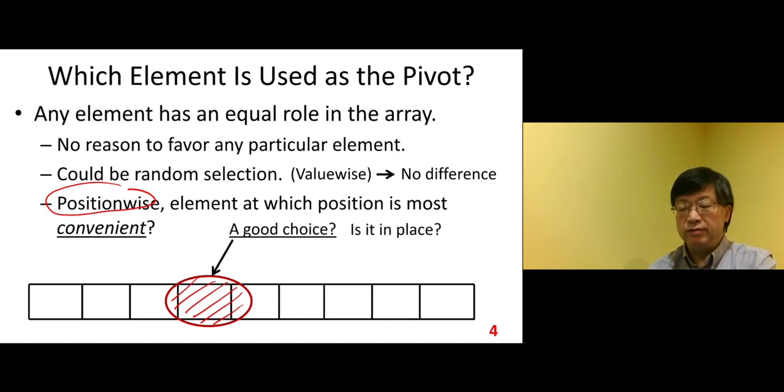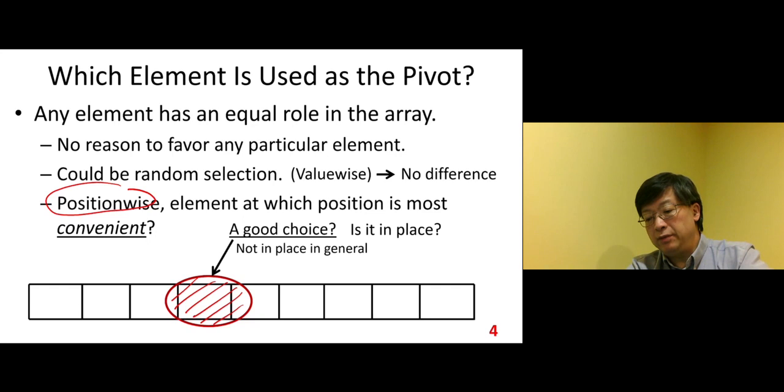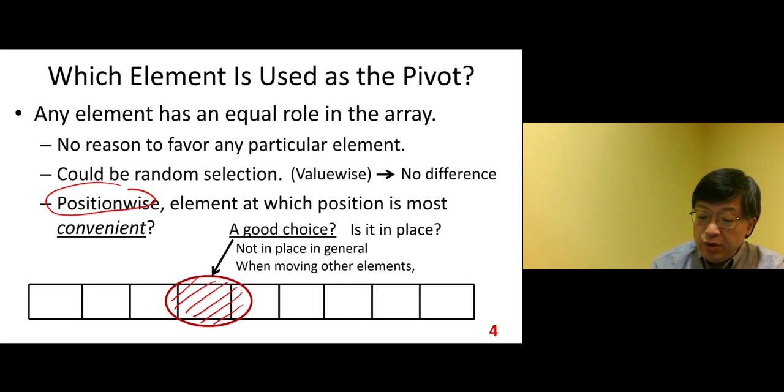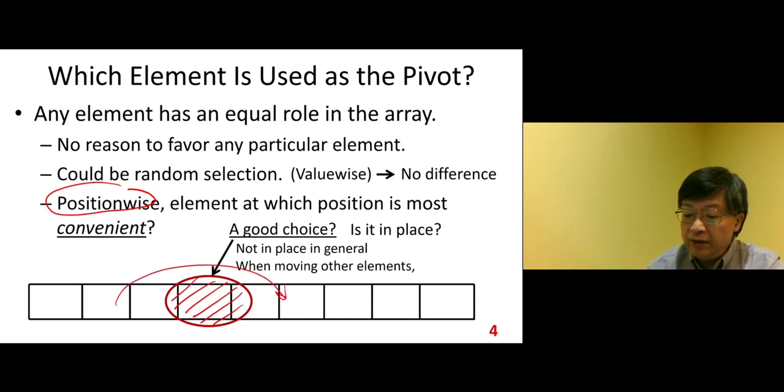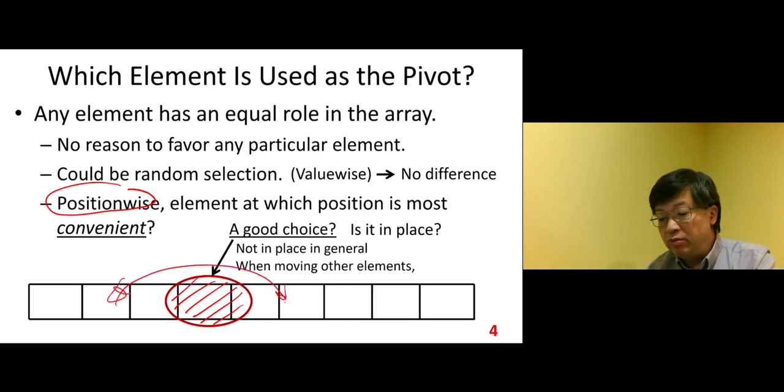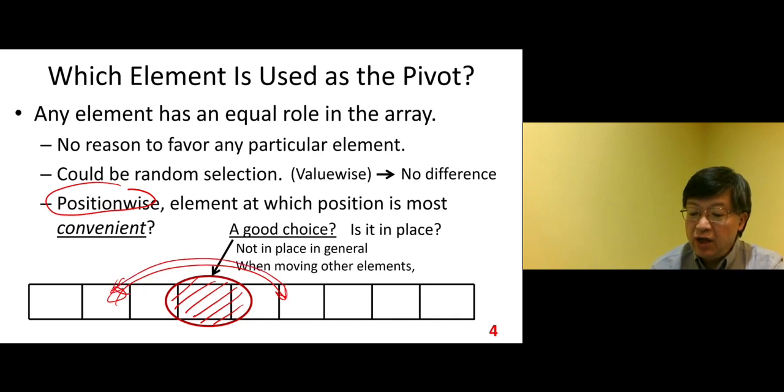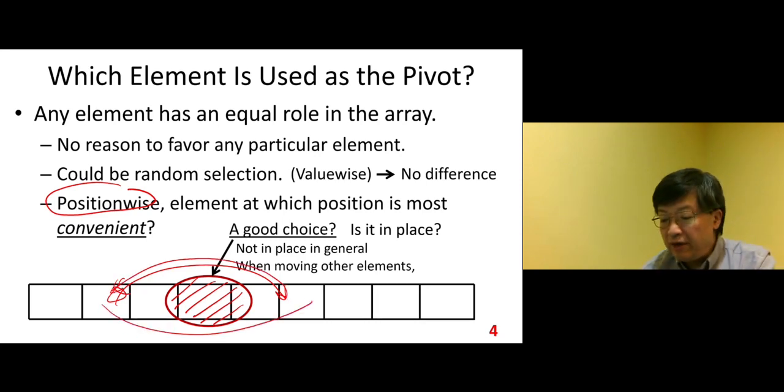Let's look at it. First, is it in place? In general, it's not, because you select arbitrary one. How do you know it is in place? So in general, it is not in place, right? When moving other elements, because when we do partitioning, we may need to move elements around. Some elements we want to move from right to left. Some element we want to move from left to right.